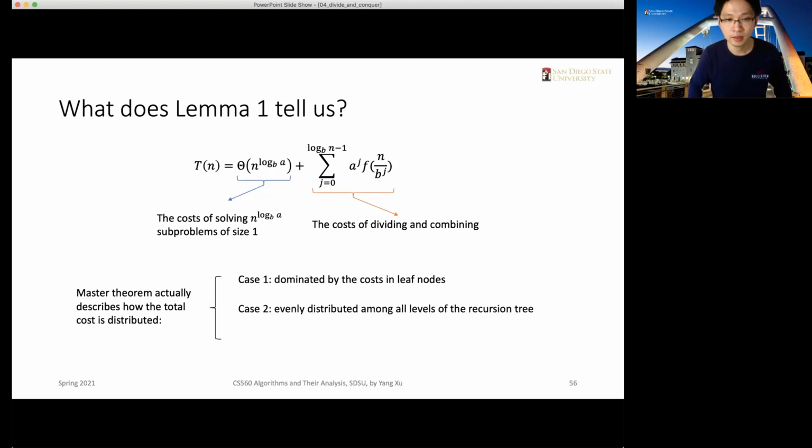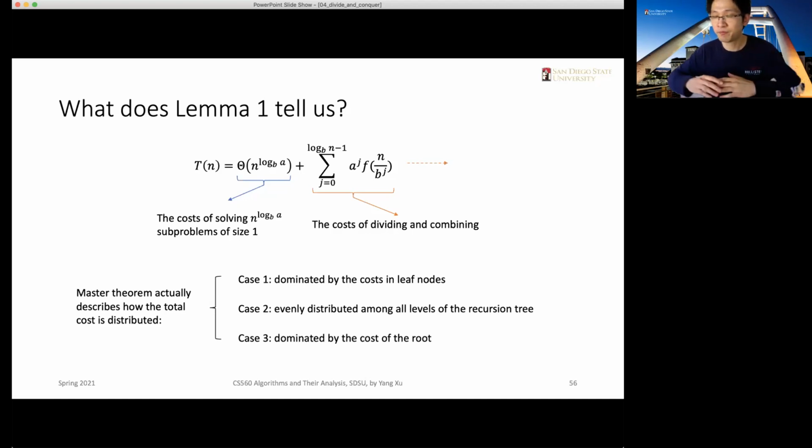In case 2, the costs are evenly distributed among all levels, or among all nodes in the recursion tree. And case 3 is that the cost is dominated by the internal nodes, especially the root node, because the root node has the biggest value among all the internal nodes.